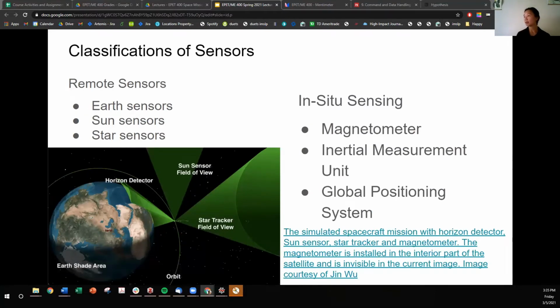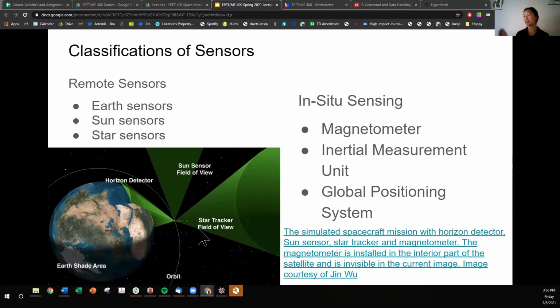Okay. So now let's look into types of each. For remote sensing, we can detect the Earth's limb, so that's an Earth sensor. We can detect the sun with a sun sensor, and we can detect the stars with star sensors. Here I have an STK diagram of a satellite that's detecting all three at once.